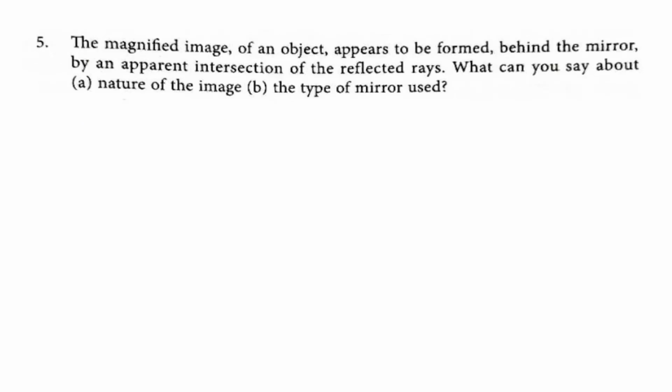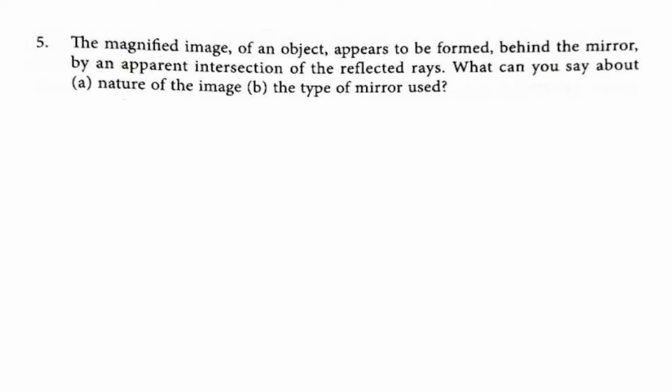Then coming to fifth question: the magnified image of an object appears to be formed behind the mirror by an apparent intersection of the reflected rays. What can you say about nature of the image and the type of the mirror used? If the image is formed by apparent intersection, we call it as virtual image. So nature of the image means compulsory it will be virtual.